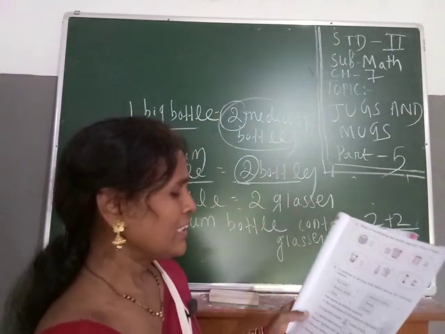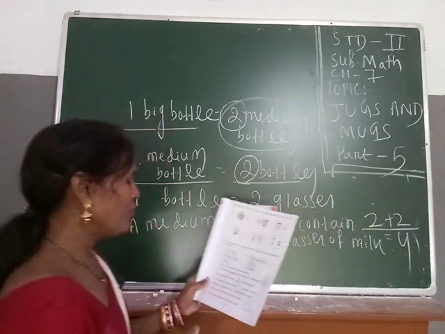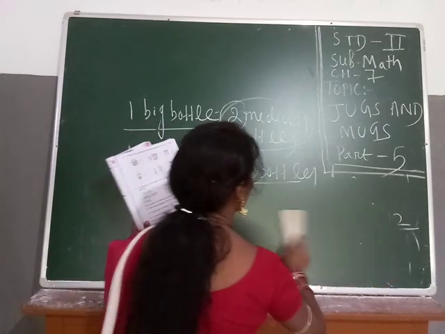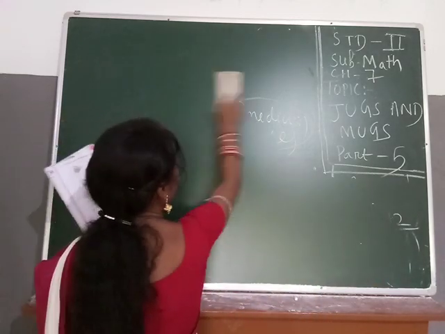Now next is Rahul got 1. Now I am erasing everything.